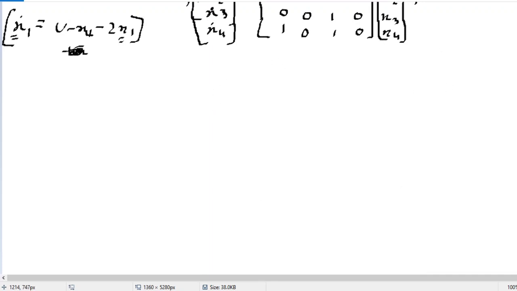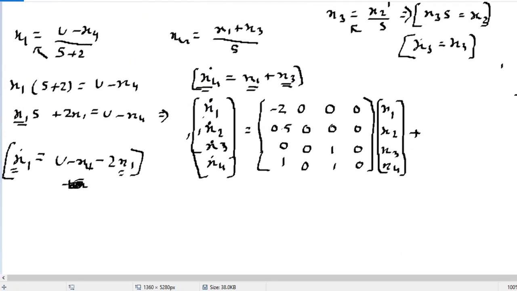One more thing: we have one input signal which we have to mention here, 1, 0, 0 and 0, because we have only one input signal and y1 only. The rest don't have any input signal.